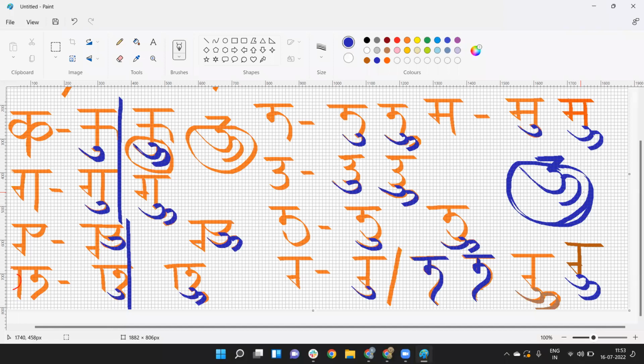Any questions, any confusion with these two matras? No, it's all clear now. Thank you. Okay, great.